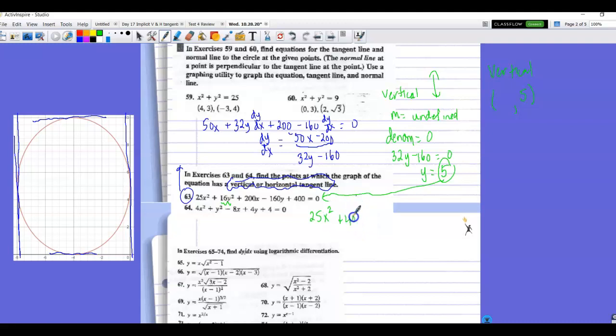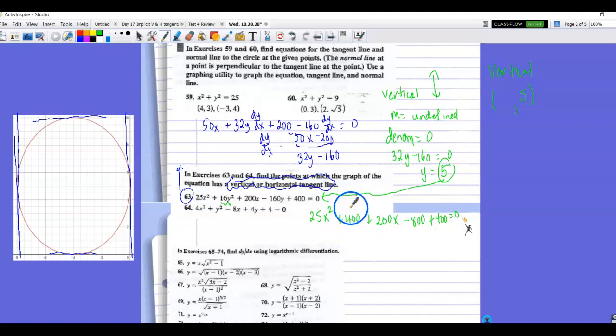I substituted 5, squared it, multiplied by 16, plus 200x minus, substituting 5, 160 times 5 gives me 800, minus 800 plus 400 equals 0.